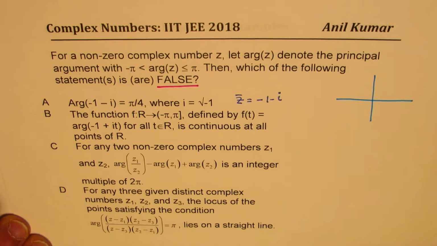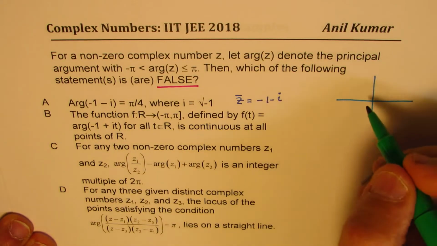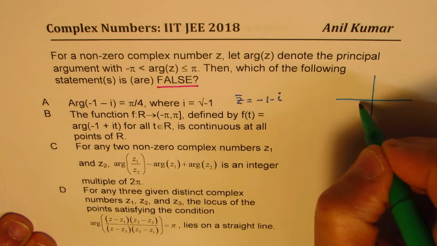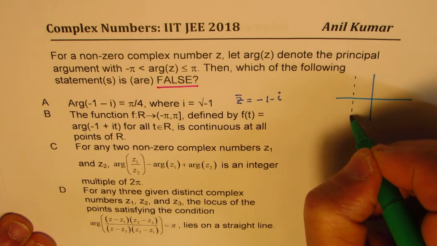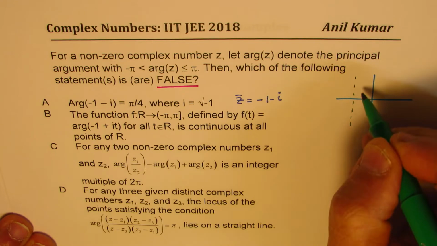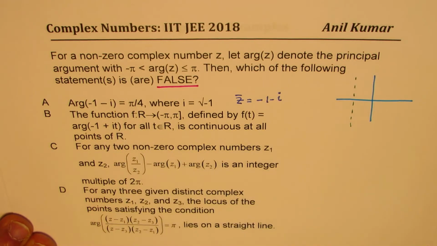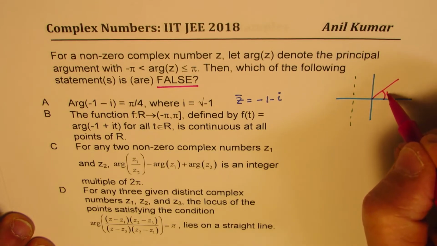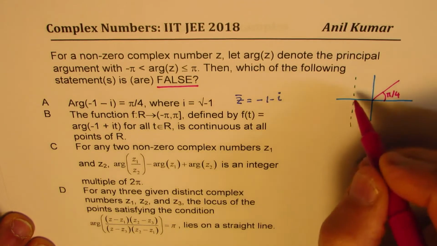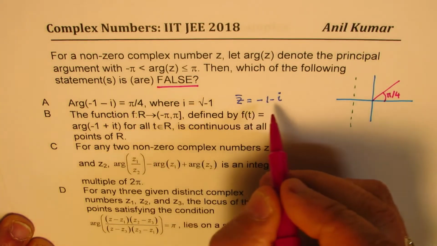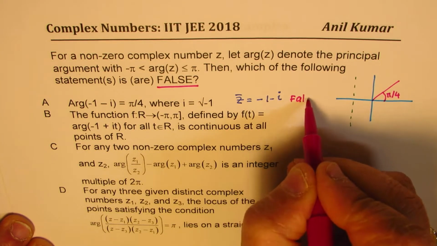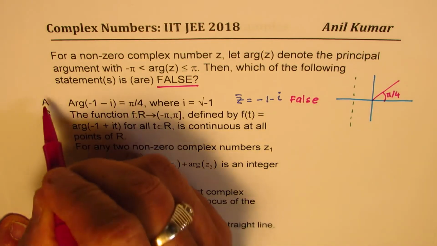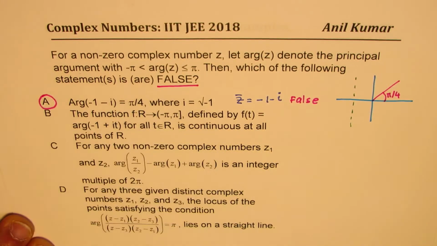Since when we say minus 1 and minus i, you are somewhere on this line, minus 1 is fixed. So definitely not pi by 4. Pi by 4 is right there. So this cannot be pi by 4, so this statement is false. Since it is false, we are going to circle this. That is what is required.